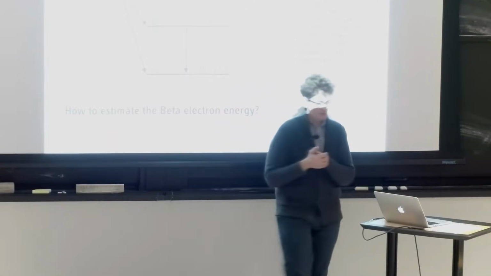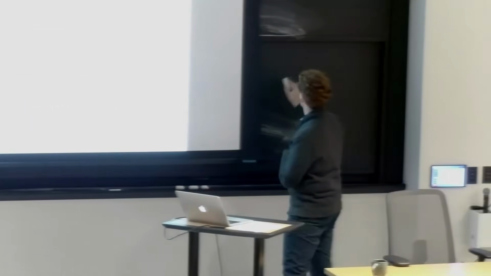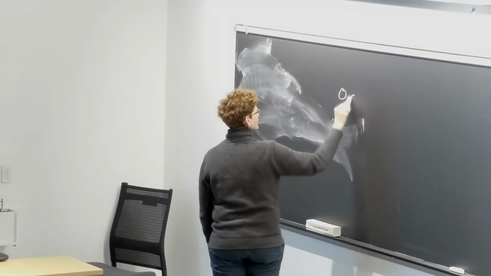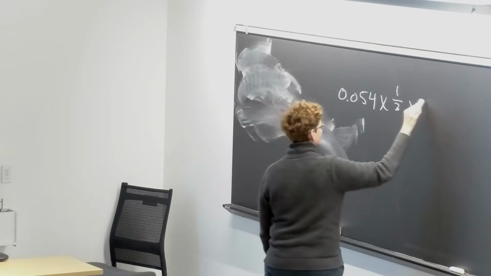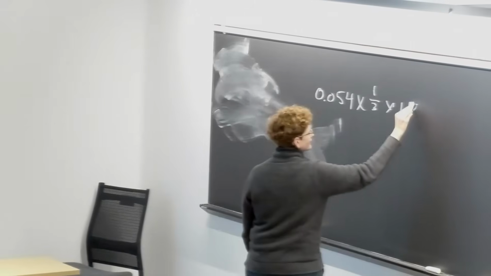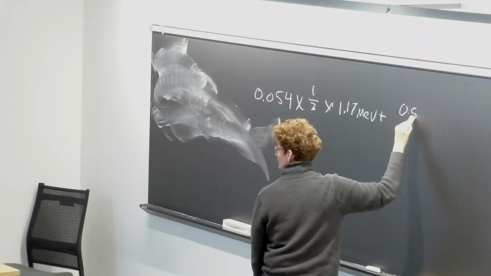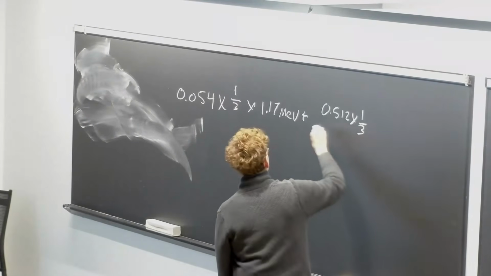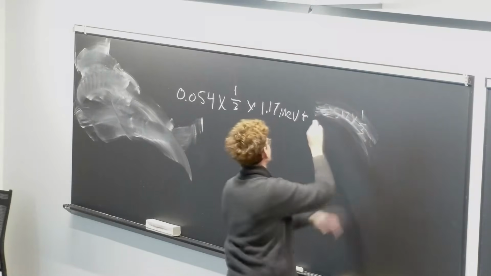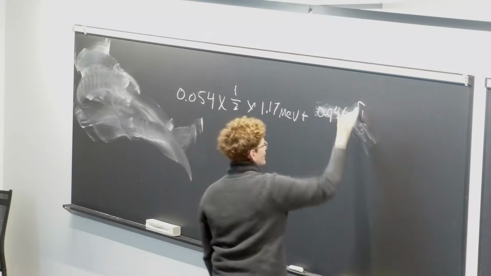So if you were going to do this calculation, you would do 0.054 times 1/3 times 1.17 MeV plus 0.512 times 1/3 plus 0.946 times 1.